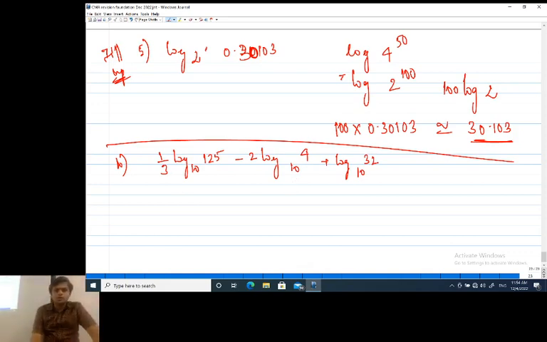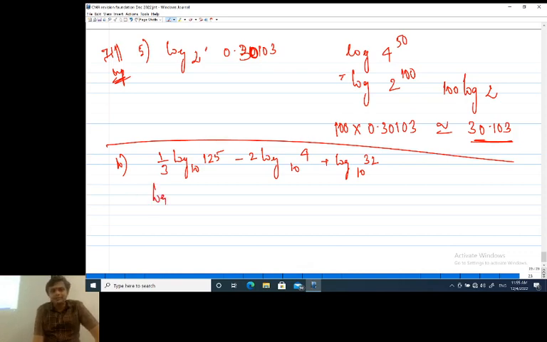Okay. Now I am going to bring everything together by reverse applying the log rule. So log of 125 base 10 into 1 by 3, the 1 by 3 will go into the power. 125 is 5 cubed.